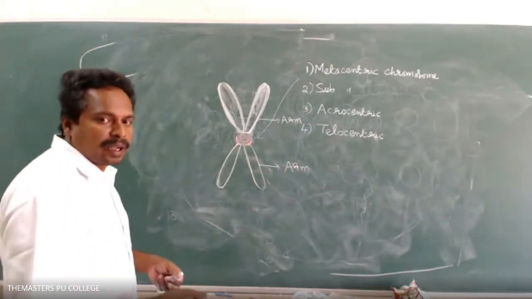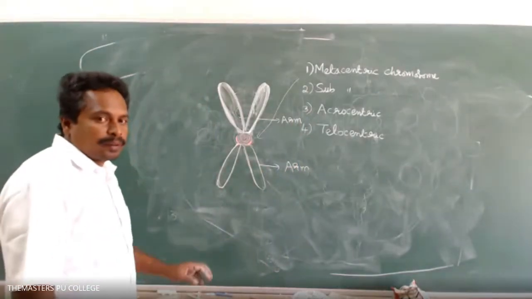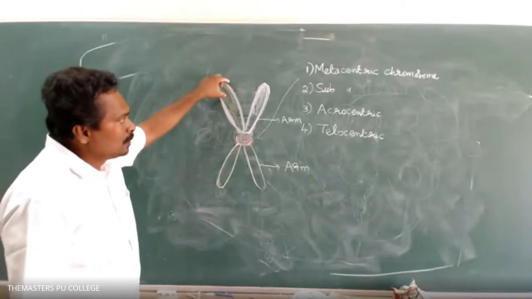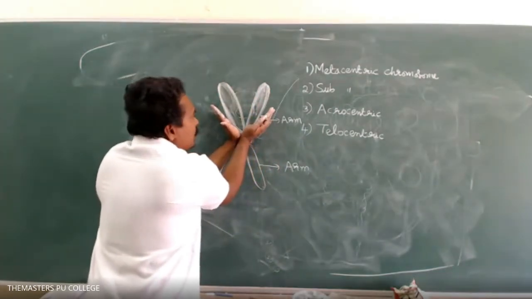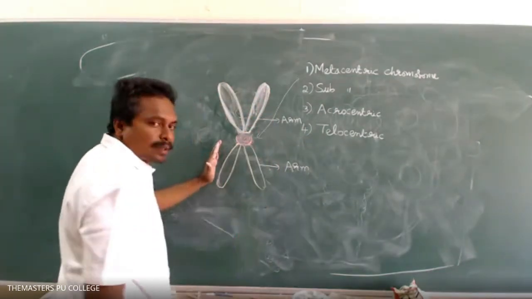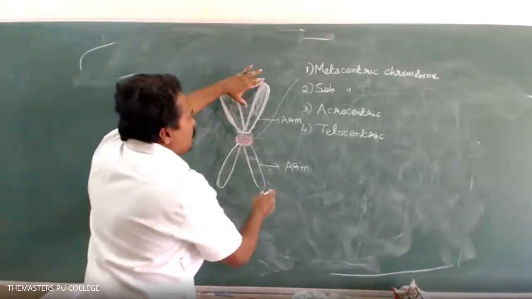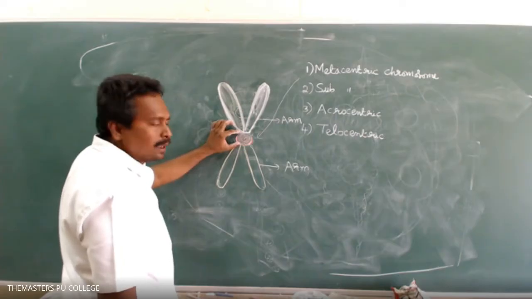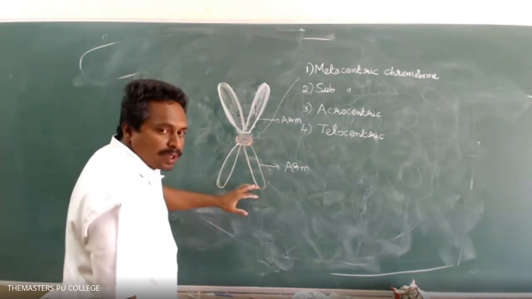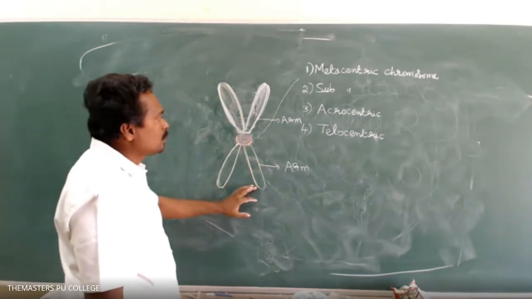Each chromosome is having how many arms? 2 arms. Right. So where is the centromere located in metacentric chromosome? Center of the chromosome.